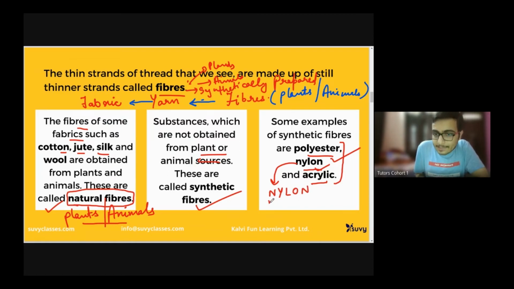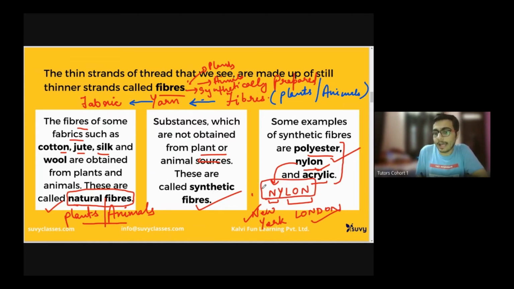NY stands for New York and LON stands for London. Because synthetic fibers are prepared in labs, and nylon was a joint venture of two laboratories from New York and London. Hence, they named this fiber nylon.